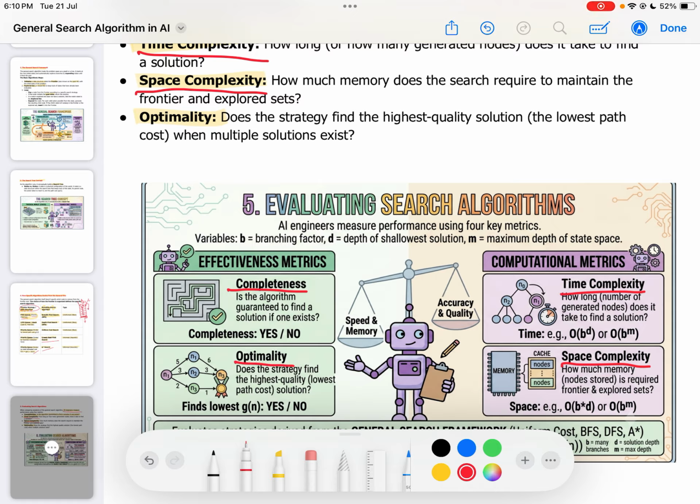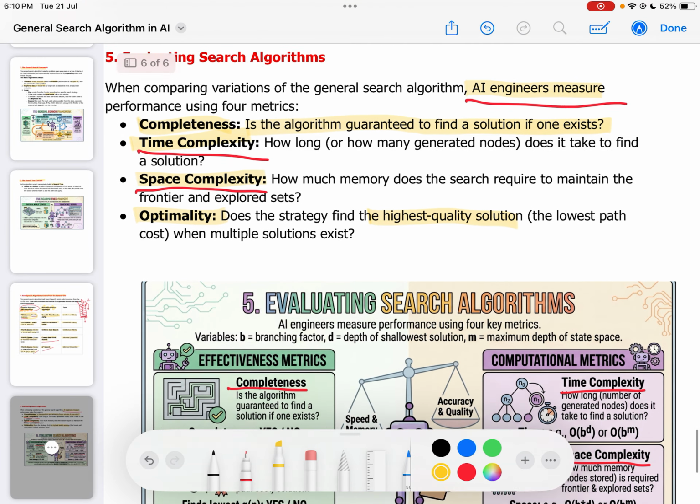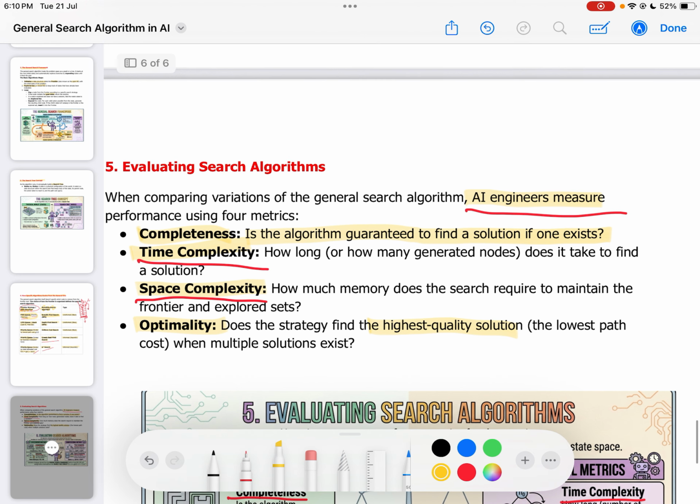What is optimality? Assume there are multiple solutions for a problem. Say someone is asking for a cat image. There could be multiple images. We should give the highest quality solution, the best possible solution. So that is the optimal solution. These four are the evaluating elements for a search algorithm.